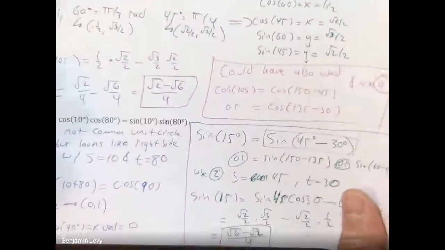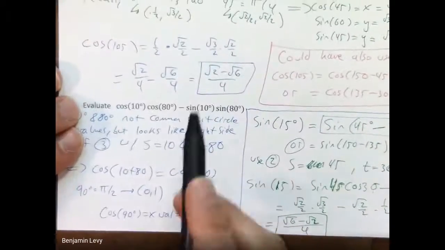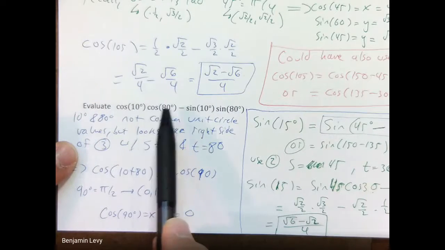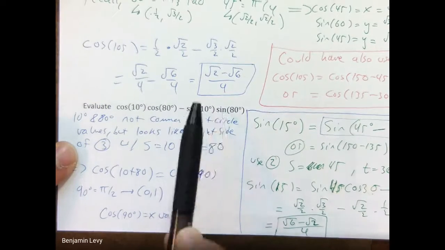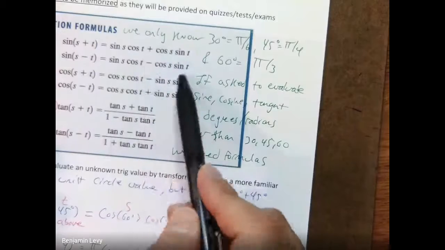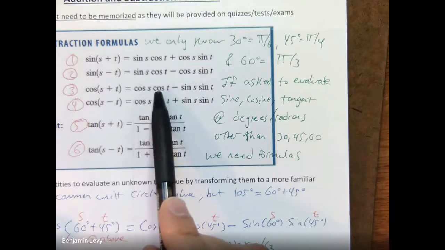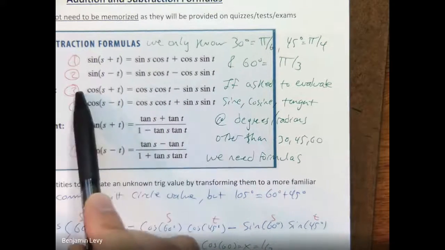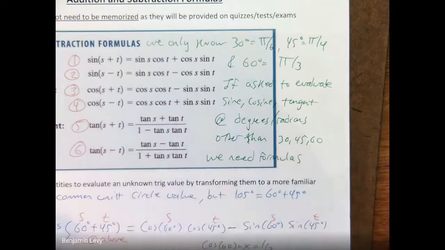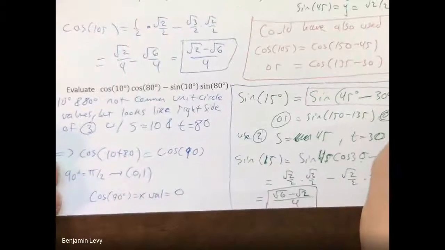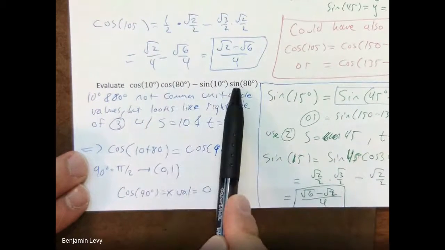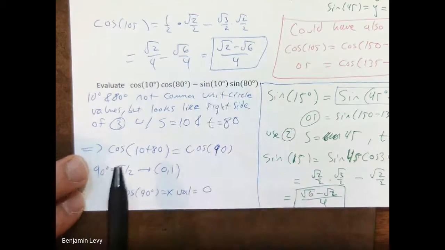So when I'm looking at this problem right here, it says cosine, cosine, minus sine, sine. And so when I'm looking up at these answers, only one of them has that form. And it's this one, right? Cosine, cosine, minus sine, sine. And so this is formula number 3 being used, but it's giving you the right-hand side of the formula. And so this is formula number 3, like it says here.